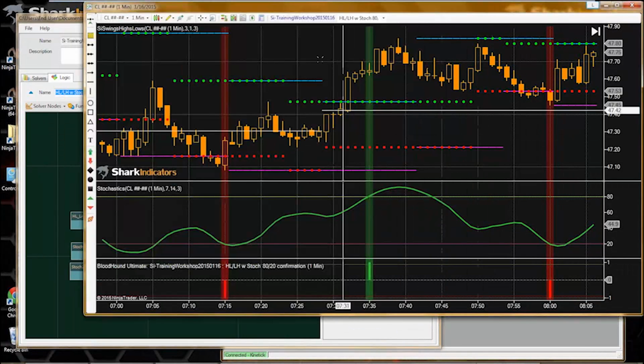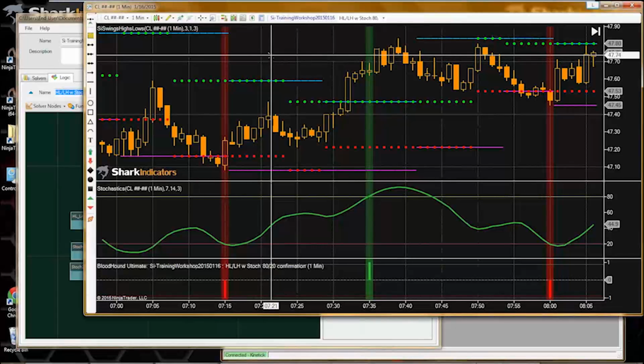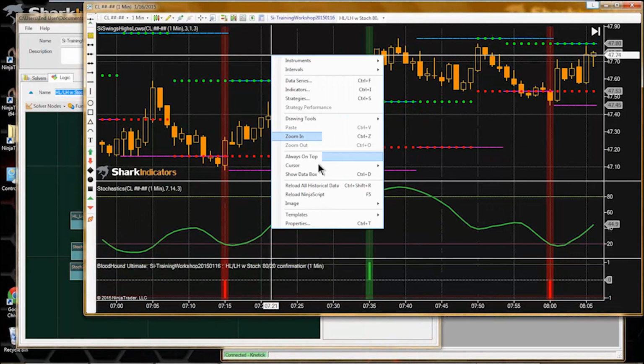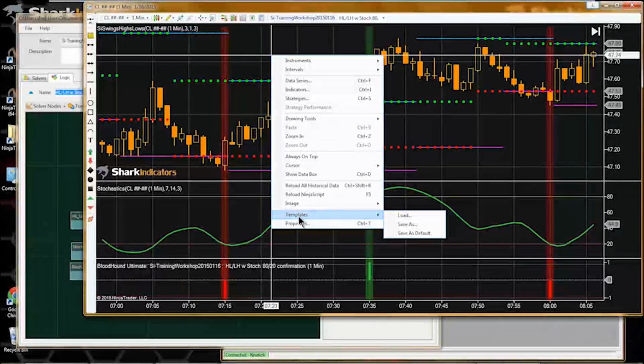And then NinjaTrader, they have their own templates or files. So if you right-click on the chart, you can see you have these chart templates. These chart templates are so you can load up charts with all your indicators on them quickly and easily, without having to put the indicators on there individually one at a time. You can just save a chart template and then load that chart template later, right?